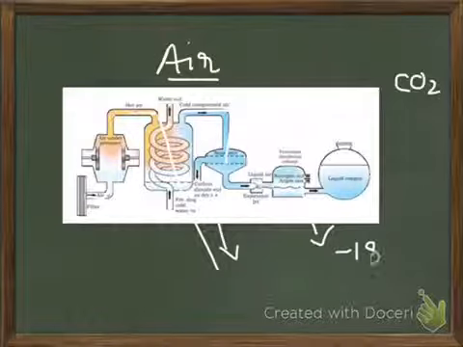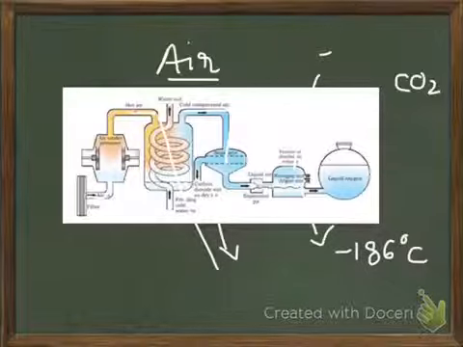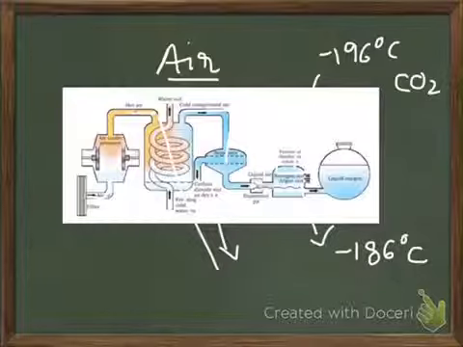Argon, which has a low boiling point of minus 186 degrees Celsius, and nitrogen with minus 196 degrees Celsius will go out in the fractional distillation column, and the oxygen that is still left in the composition of air will be converted into liquid oxygen.